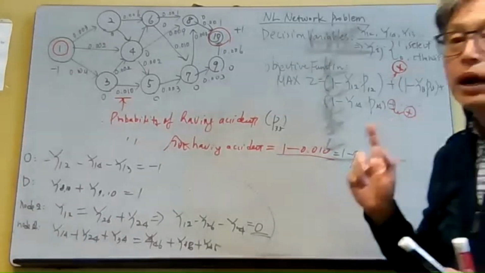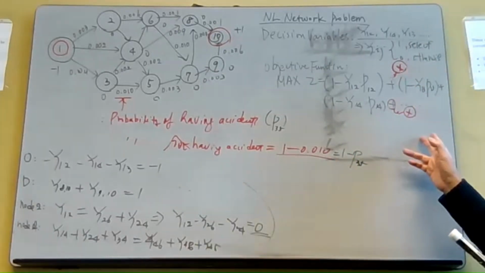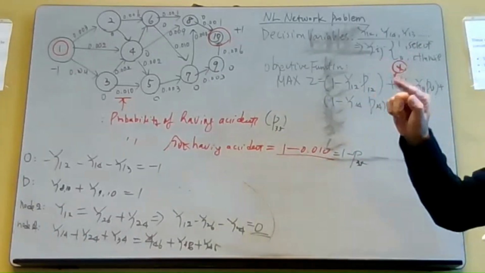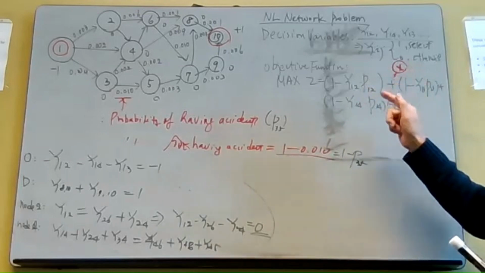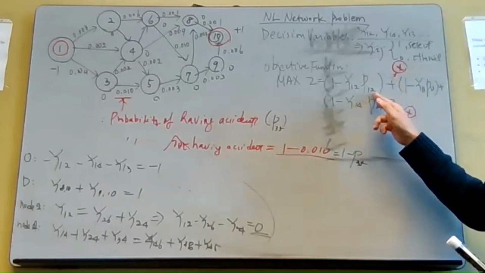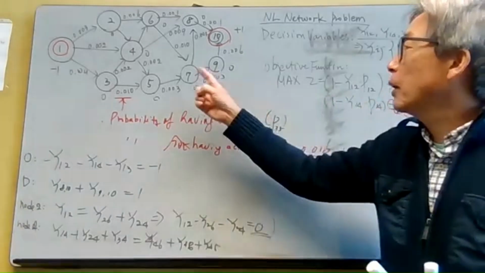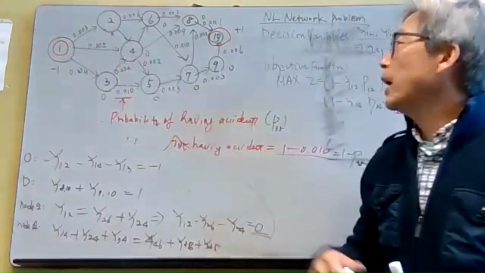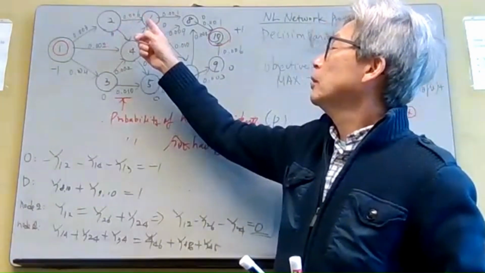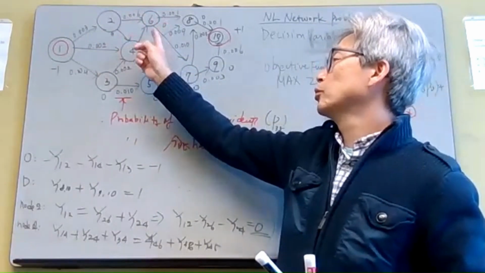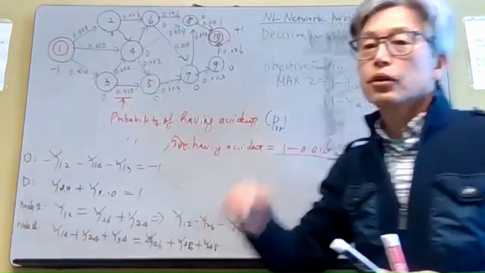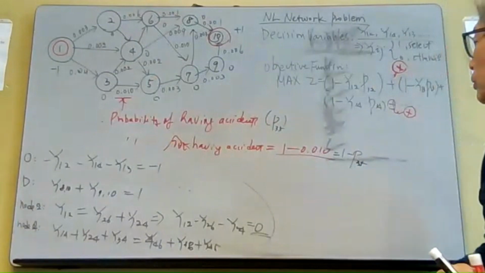Now you see the pattern from here. There is no probability of having an accident from node 1 to node 1, or from node 2 to node 2, because it is not circulating at the same node.